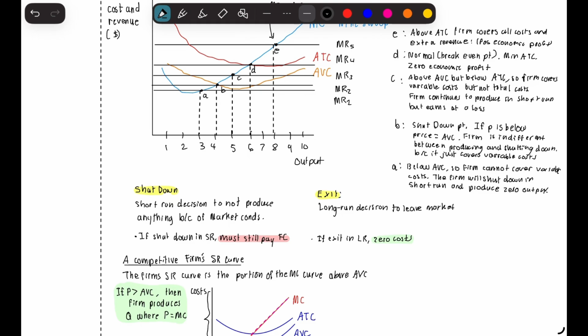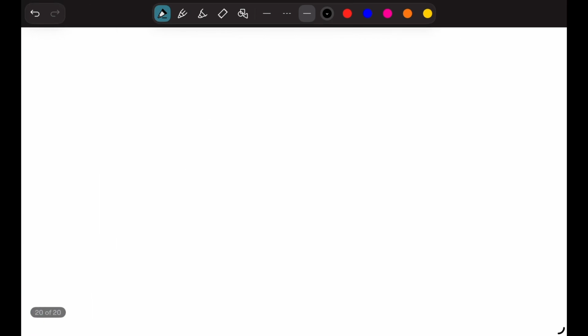So let's move on to another idea. Let's move on to looking at the short run and the long run effects of an increase in demand.